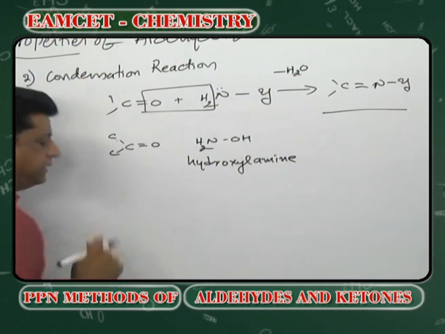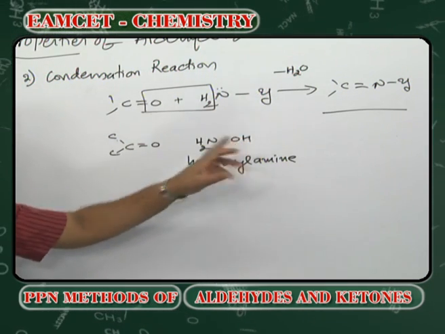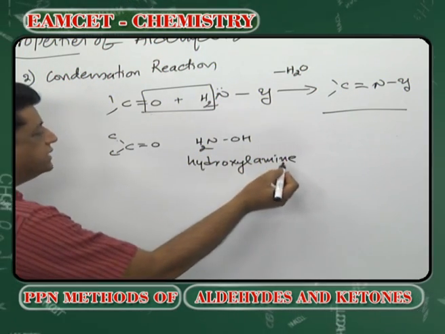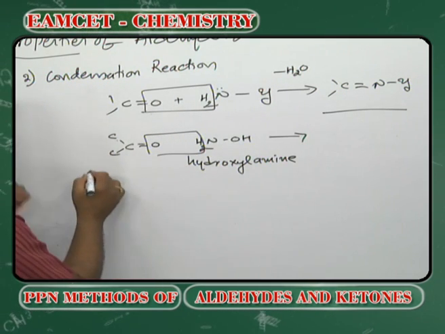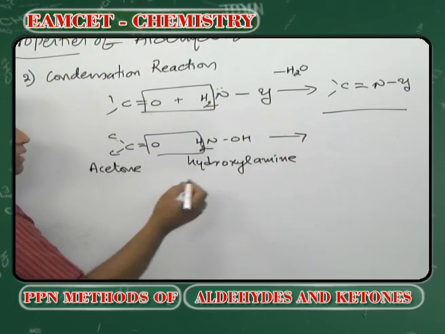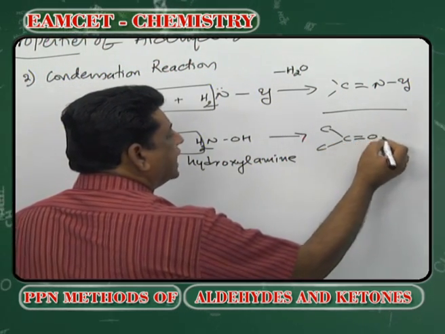Remember, OH-containing ammonia, that is, in the place of Y we have taken an OH, that's all. OH-containing ammonia is called hydroxylamine. If hydroxylamine is added, H2O goes, and acetone with hydroxylamine gives a compound known as acetone oxime.